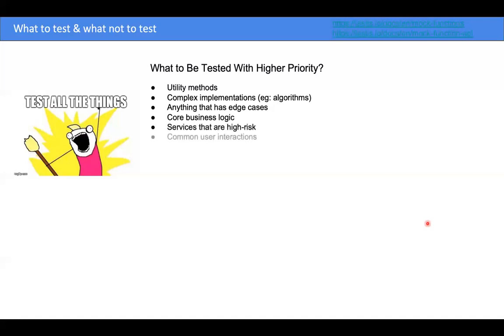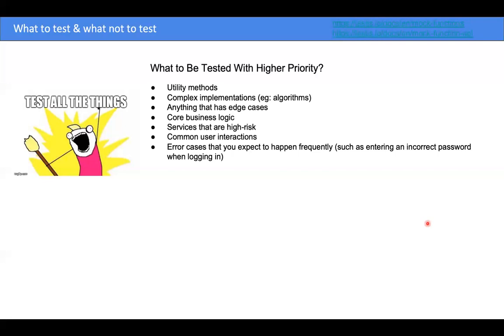Any high-risk services, any common user interactions like logging in, logging out, and so on, and any important forms in the app should be tested. Also error cases that you expect to happen frequently: for example, in a login screen, you should test what happens when the user provides an incorrect password. You want to make sure that you handle these cases, show some messages to the users, and let the user know what needs to change.